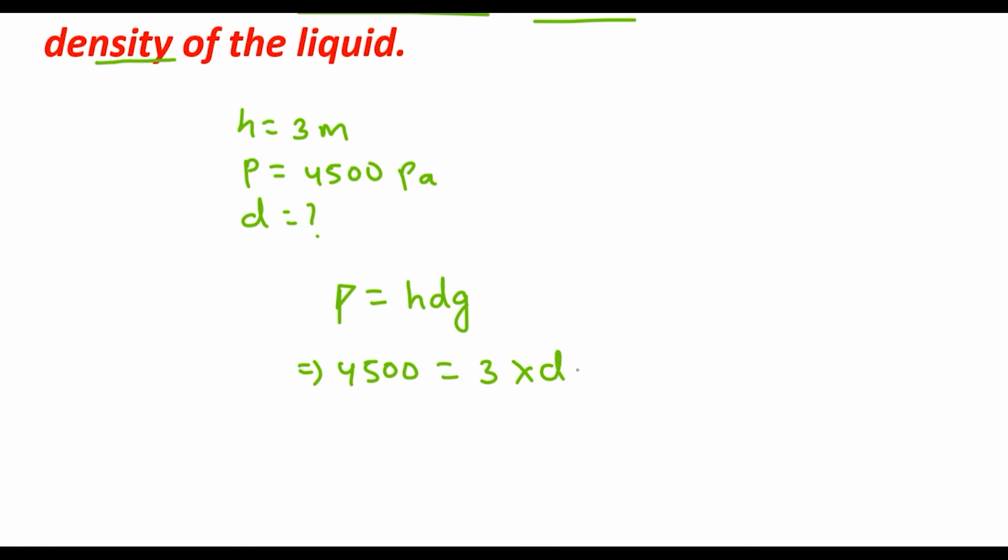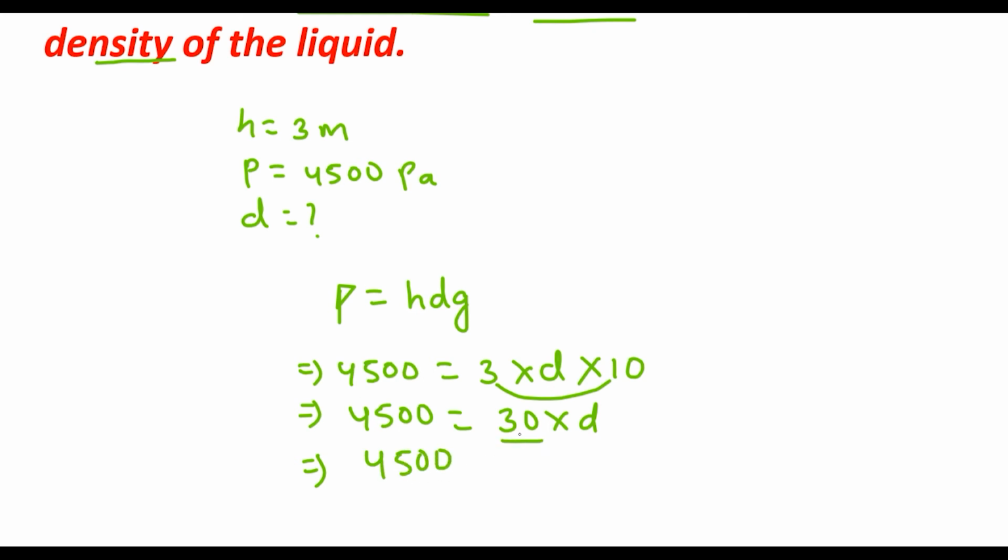We have to find the density. Here g means acceleration due to gravity. We can use 9.8 or 10 also. If we use 10, it becomes easy to solve the problem. 4500 equals 3 into 10, which is 30, into d, and we have to find d.